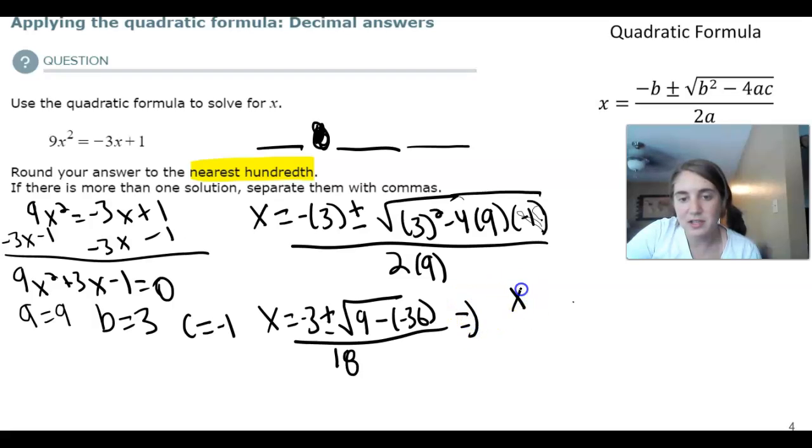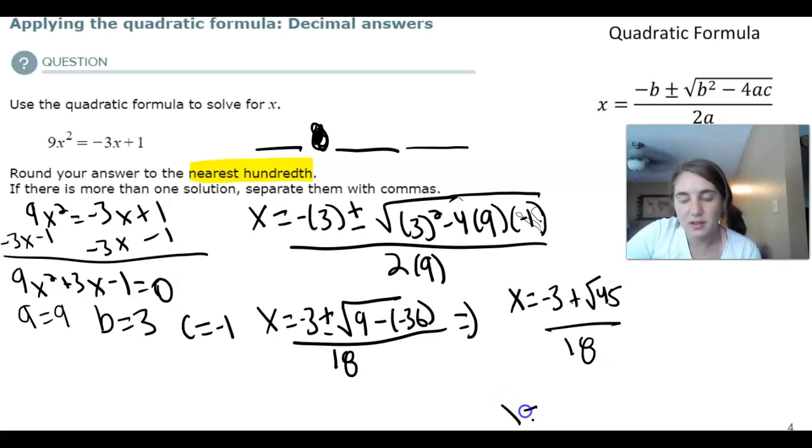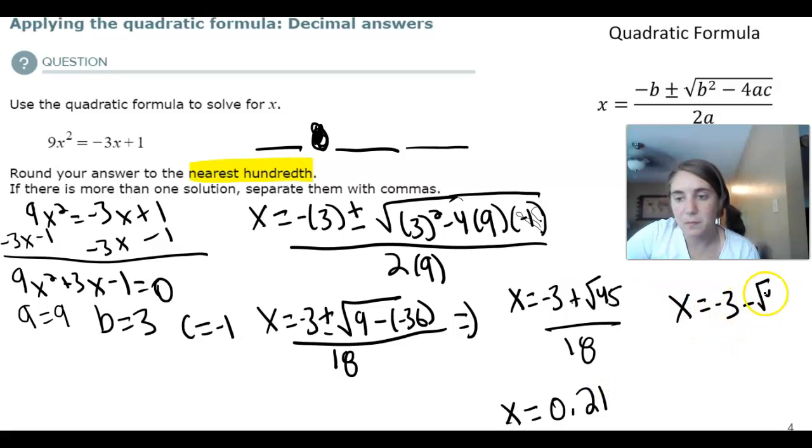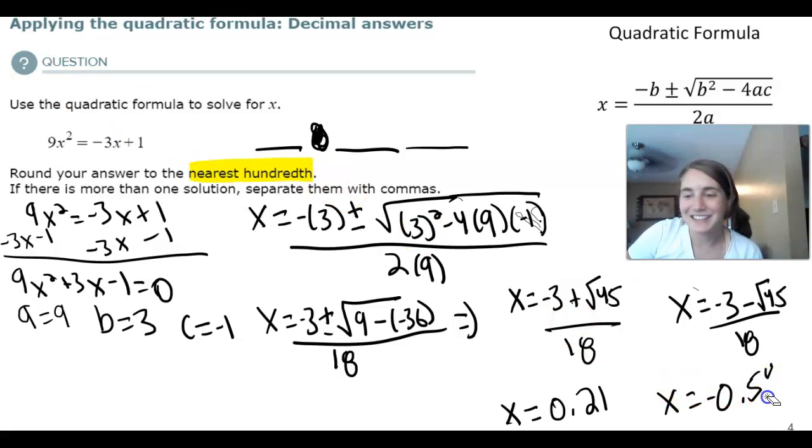So this is going to translate to x equals -3 plus 45 over 18. And we'd round that to 0.21. And this one would round to that. So make sure you're actually practicing putting those into your calculator.